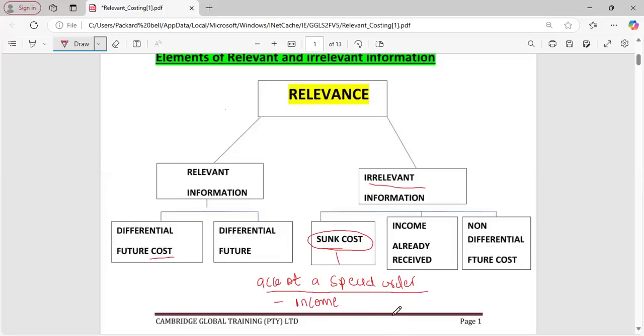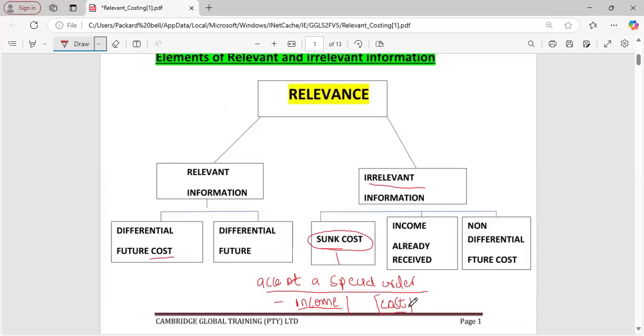If we accept the special order, what is going to be the cost? These are going to be your relevant income and relevant cost.